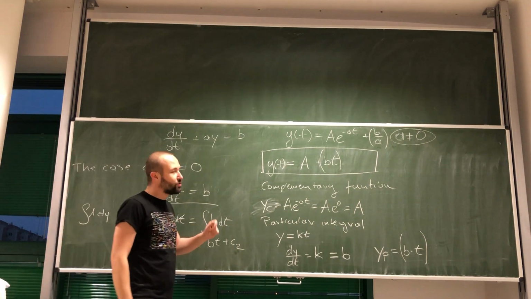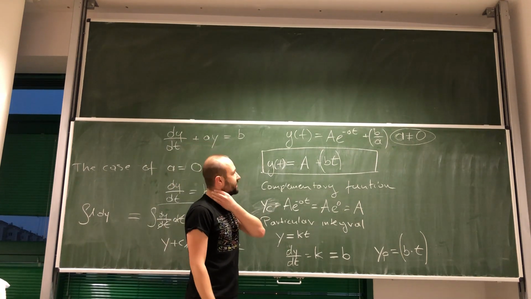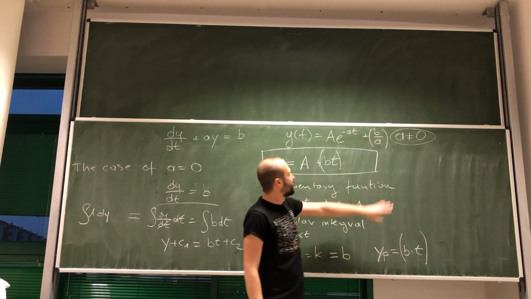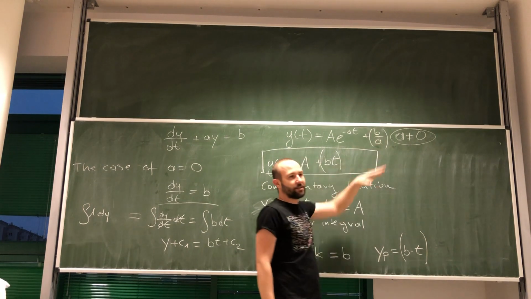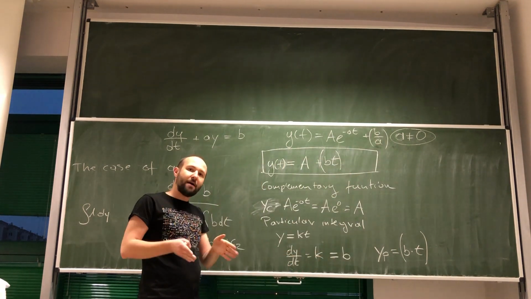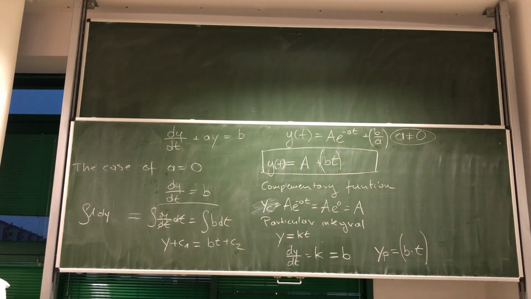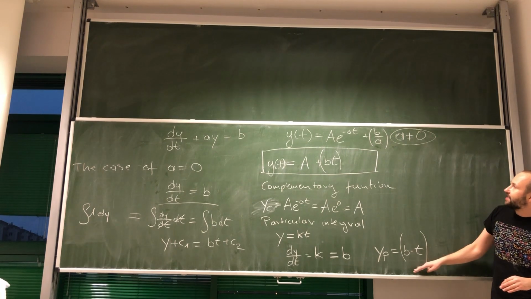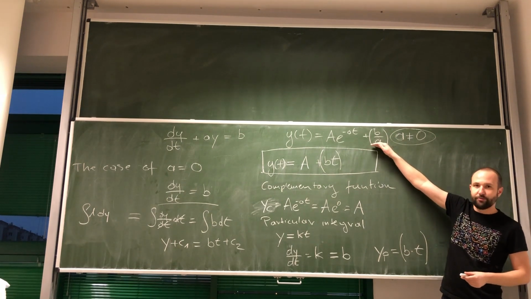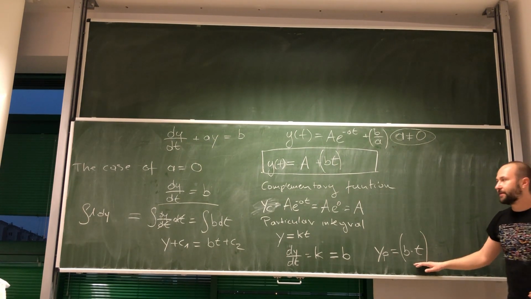I just want to point this out at this moment because we're going to discuss it in more detail later. Here we've got as equilibrium value a constant value, a given number, right? Over here we have a linear function of time. So in this case we've got constant equilibrium, while here we've got a moving equilibrium, an equilibrium that moves with time.